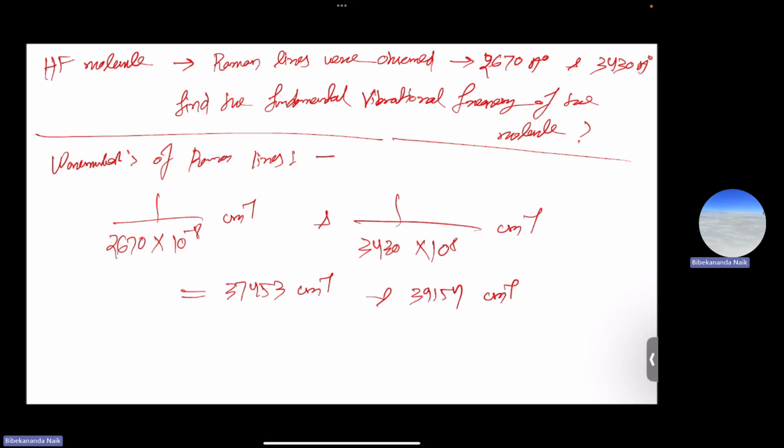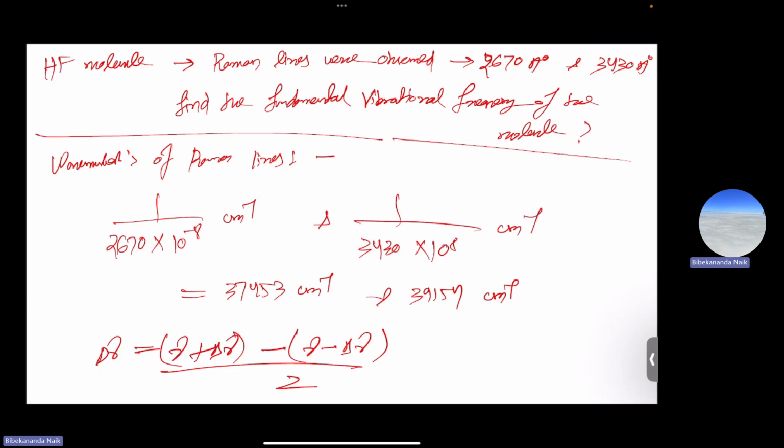If nu bar be the wave number of the exciting line and the Raman spectra will be delta nu, then what will be the shift? The Raman shift is nu plus delta nu minus nu minus delta nu, divided by 2.